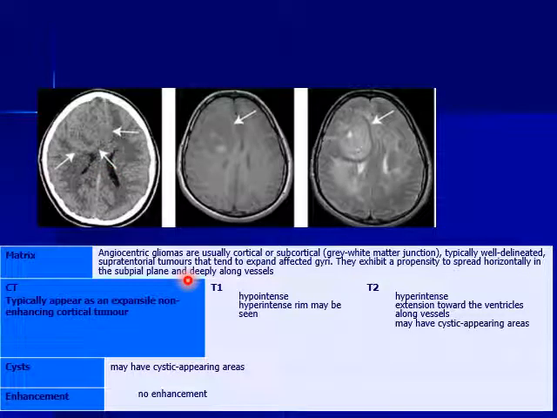Angiocentric gliomas are usually cortical or subcortical, typically well-delineated supratentorial tumors that tend to expand the affected gyrus. They exhibit a propensity to spread horizontally in the subpial plane and deeply along the vessels. On CT, typically it appears as an expansile non-enhancing cortical tumor, T1 hypointense, and it may show this hyperintense T1 rim.